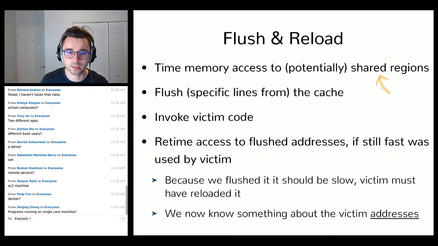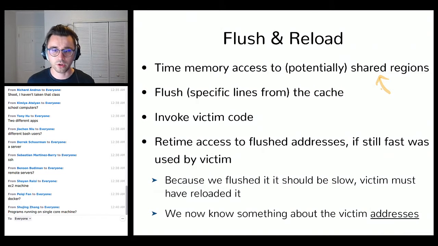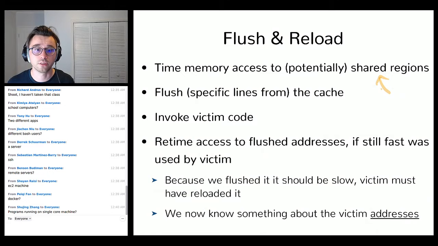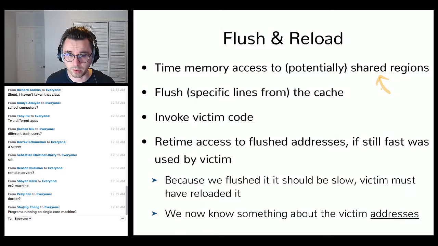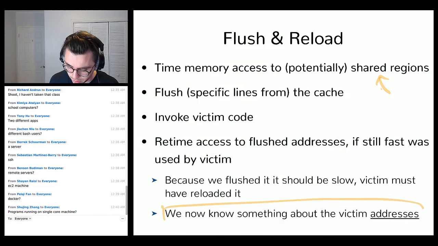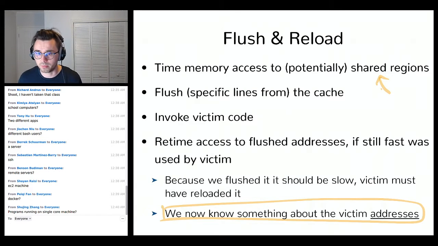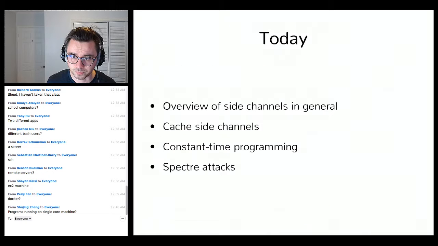If it's not, then we had to reload it, which means that the victim didn't actually rely on those things. So it's a little different from the previous two in that we're learning whether an address was used based on it still being fast instead of slow. But at the end of the day, what we learn is just something about the addresses and the memory access patterns of the victim.